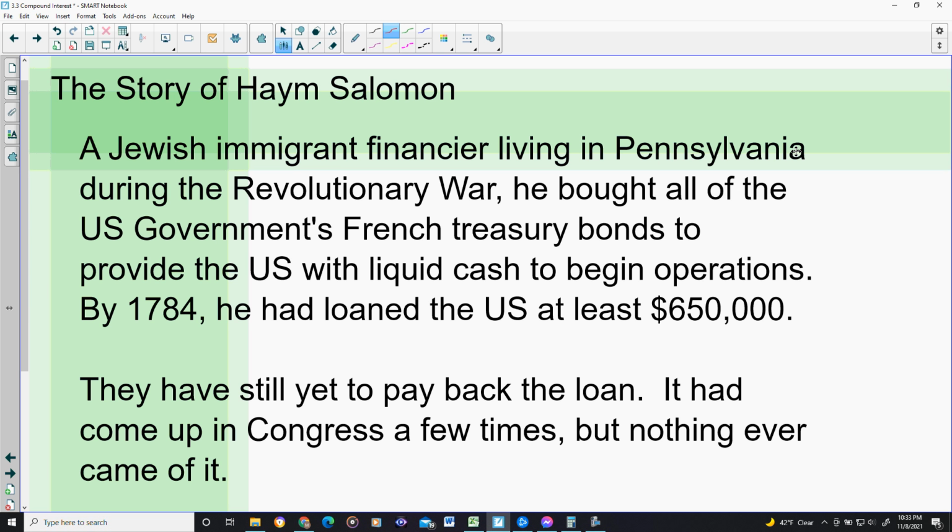Because he needed to get out of a bind, and the government needed money, the army needed money, General Washington needed money.